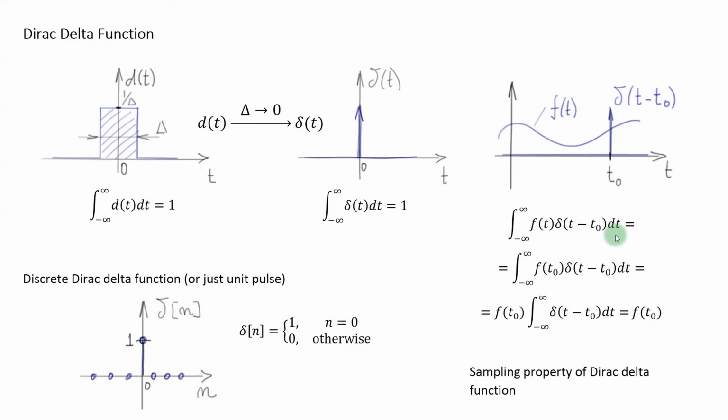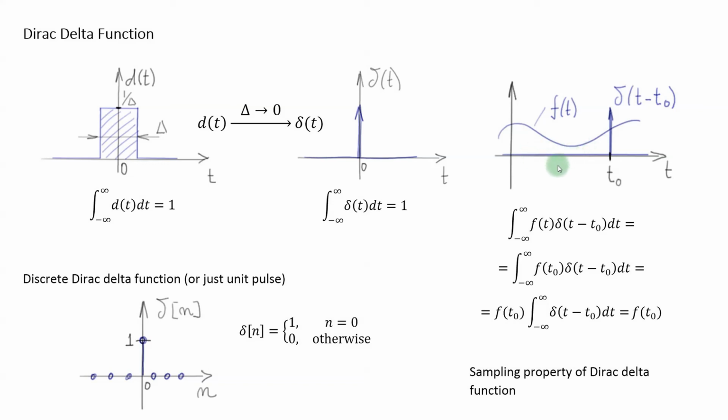We will see this kind of expression quite a bit, so we should learn how to evaluate it. To do that, we first need to realize that the Dirac delta function is 0 everywhere except at t0, where we can imagine that it goes to infinity. That means that when I multiply this Dirac delta function with this function f of t, the values of the function f of t will not matter in most of the points because they are being multiplied by 0.